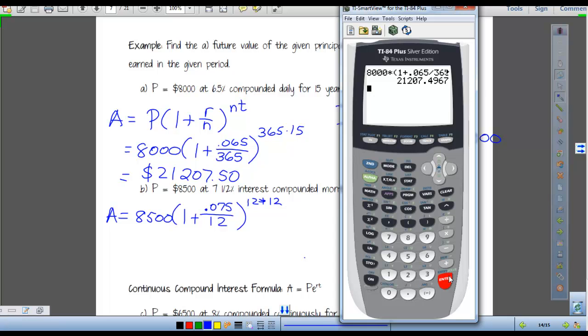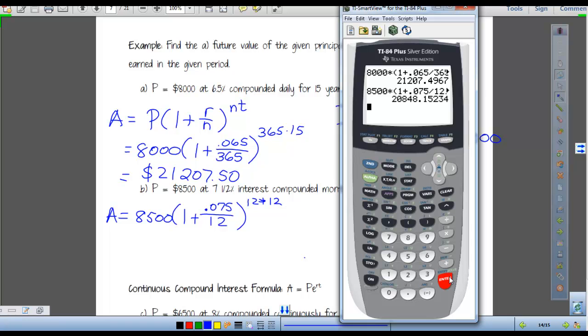All right, and with this one, we get 8,500, okay, times 1 plus 0.075 divided by 12 raised to the, I know that 12 times 12 is 144, so I just did that in my head. So I got 20,848. Is that what everybody got?